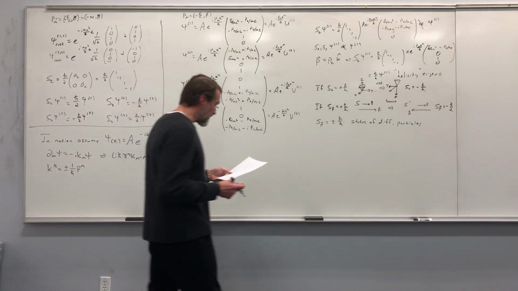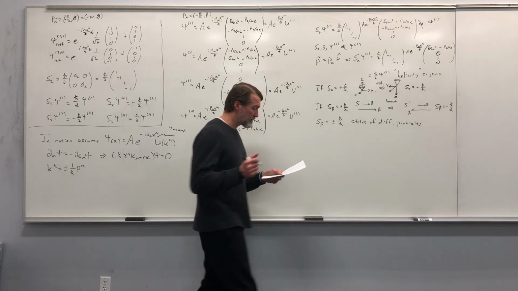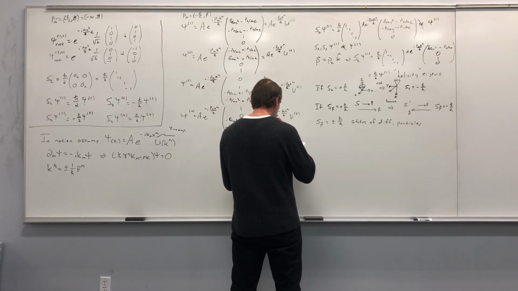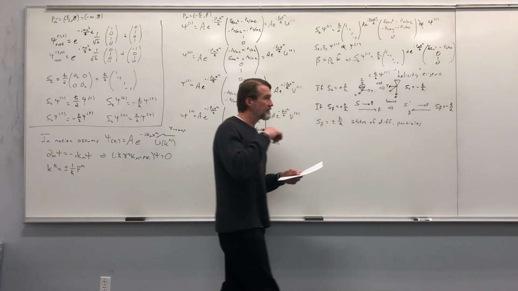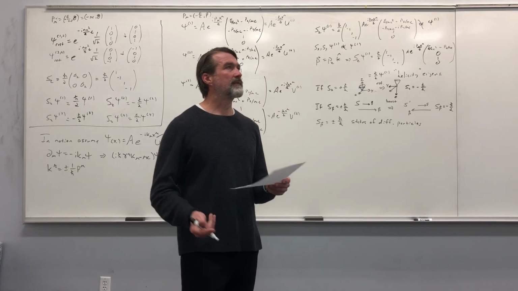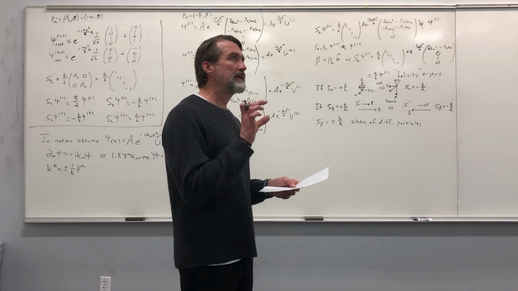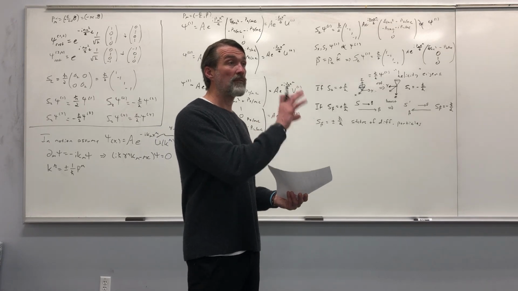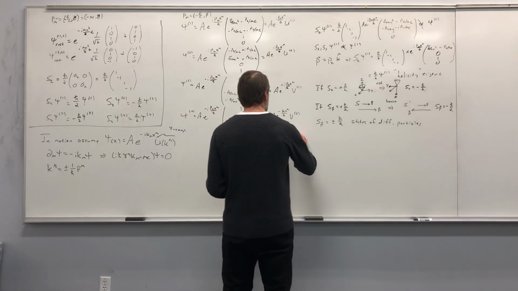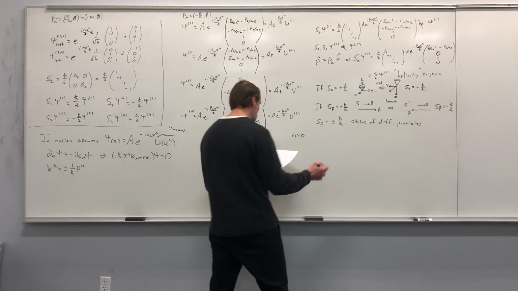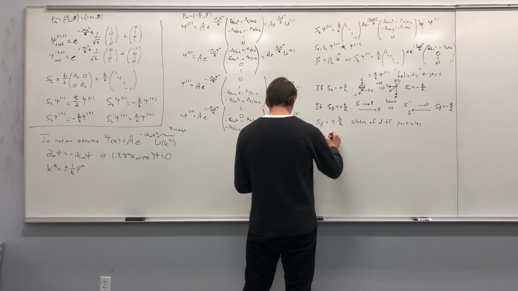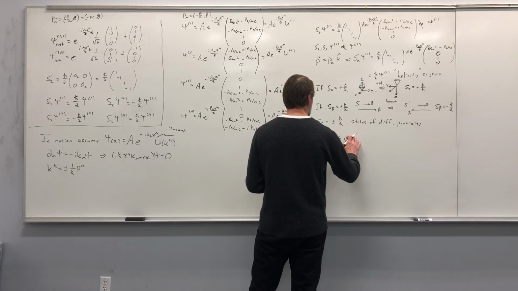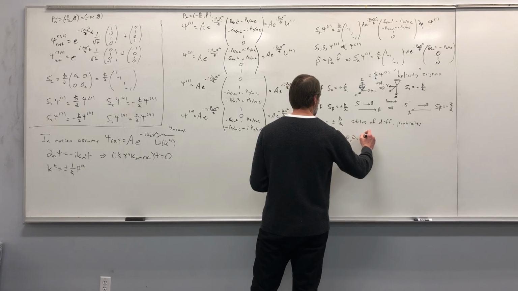Okay? So you might or might not remember, but when we did the counting of degrees of freedom using this Wigner classification mechanism, what we said is we could define the allowed spin states by basically choosing the 4 momentum and then considering transformations which leave that 4 momentum unchanged. So in the massive case, we could go to the rest frame, in which case P mu is (mc, 0, 0, 0).